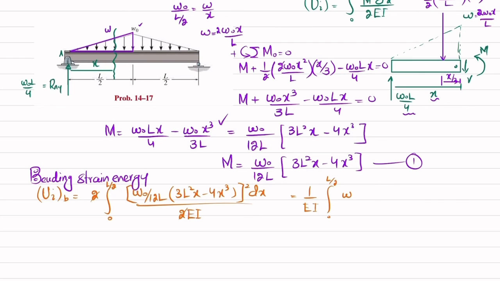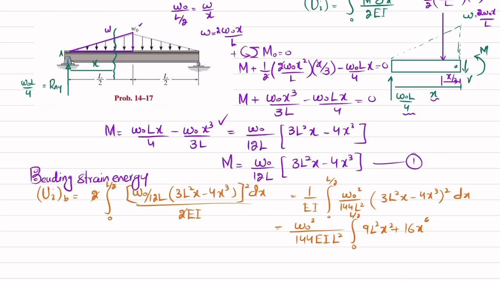That will give you W naught square over 144 L square into 3L square x minus 4x cube, whole square, into dx. So take out these terms, it will be W naught square over 144 EI L square, and we are left with the integral from 0 to L by 2 of 9L square x square plus 16x to the power 6, clear, minus 2 times this term into this term, which will give you minus 24 L square x to the power 4, into dx.